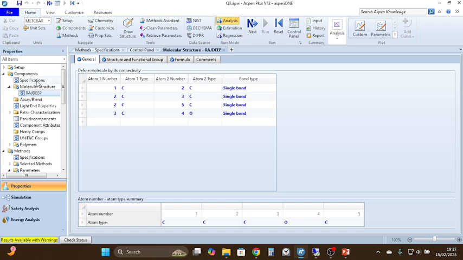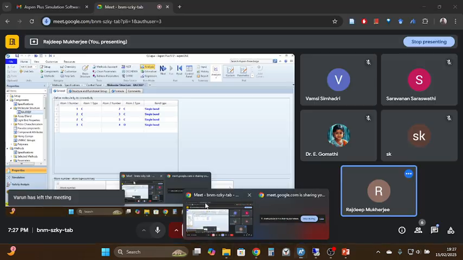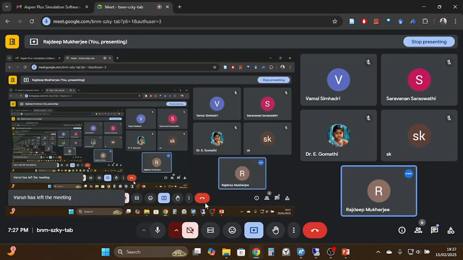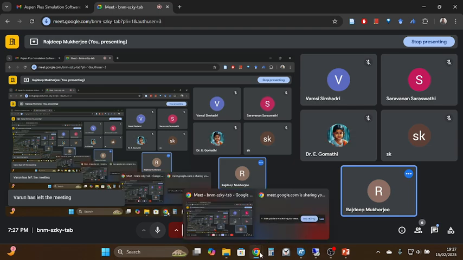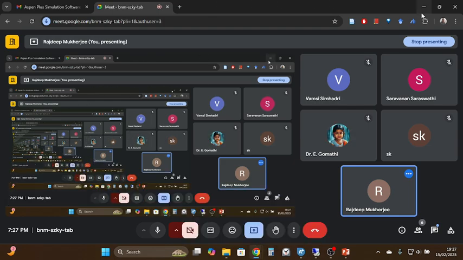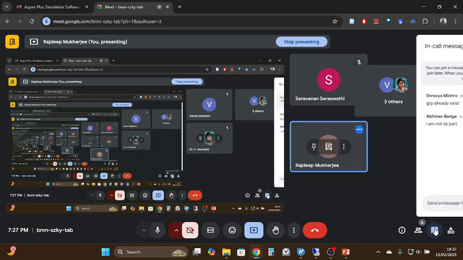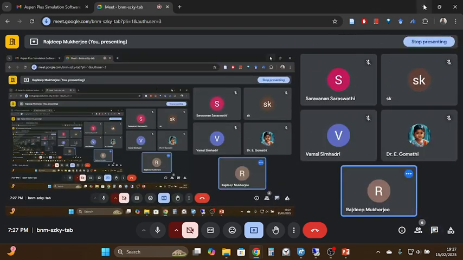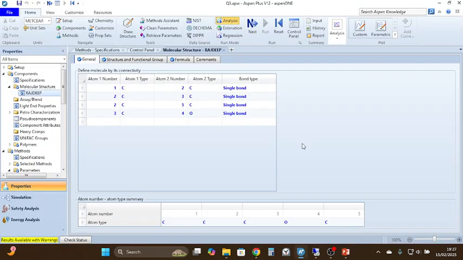Is there any doubt? Hello, yes. Can we add this component in the data bank? This component has been added in the data bank.